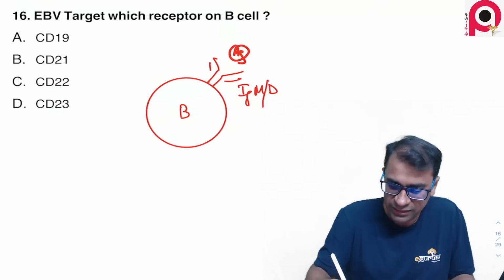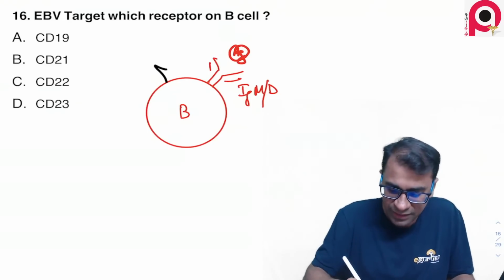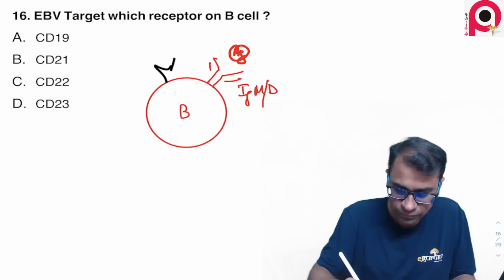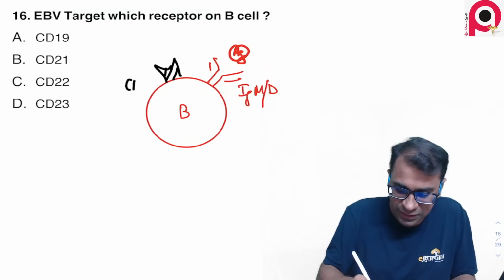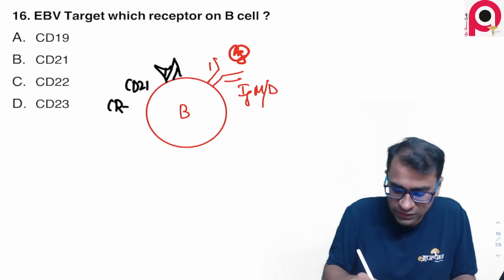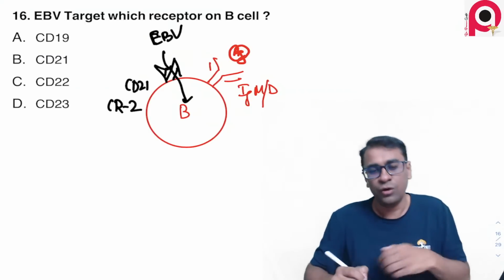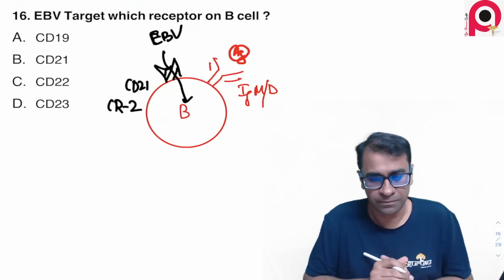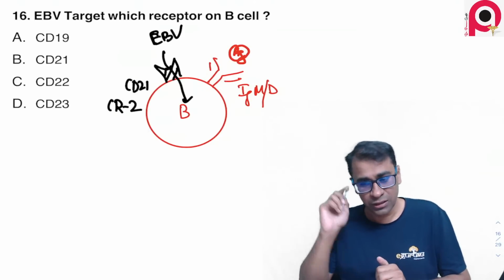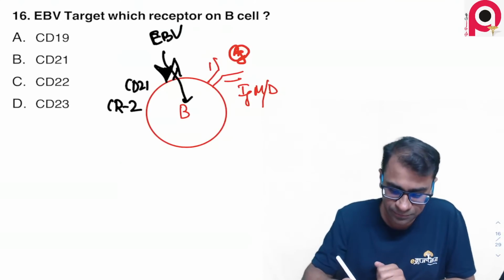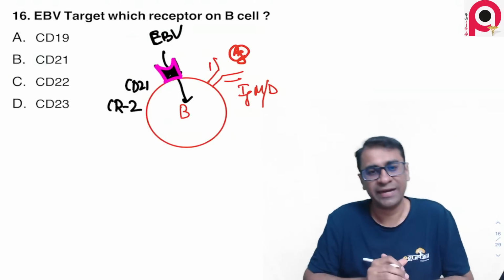The antigen acts here, and apart from them, there is a CD21. This is CD21, also called complement receptor 2, and the Epstein-Barr virus will enter a B cell via CD21. So the right answer to this question is CD21, through which the Epstein-Barr virus enters inside.